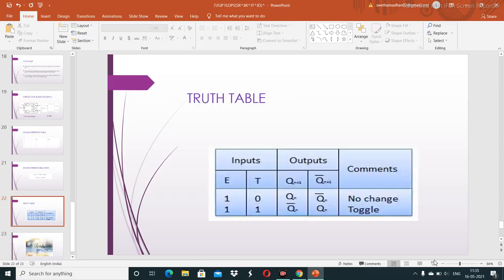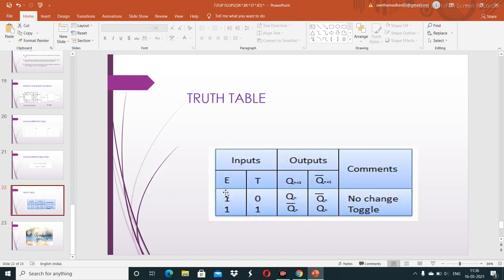This is the truth table of a T flip-flop, which we used in our demo. So before entering into a demo, the inputs are E and T and the outputs are Q and Q dash. Now enter into a demo.